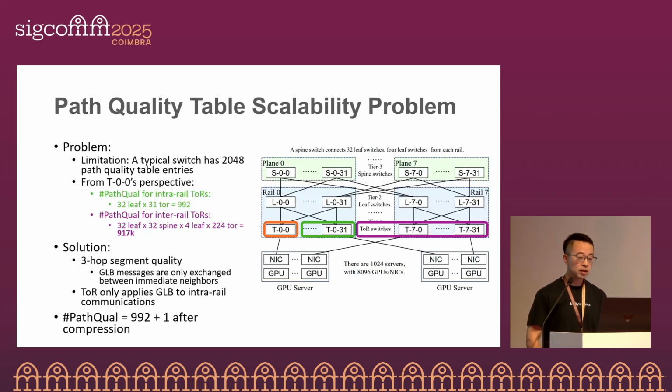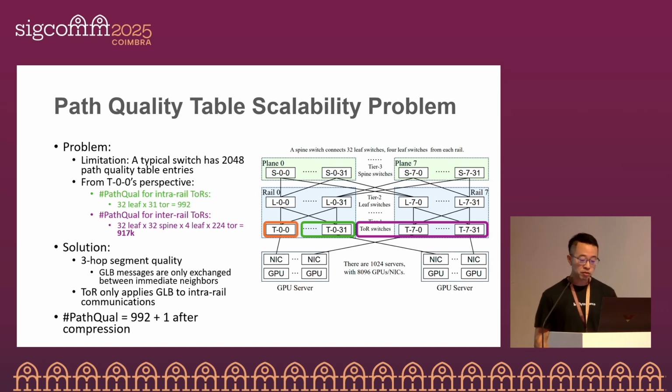So here we discuss the path quality table scalability issue. The problem is caused by the limitation that a typical Ethernet switch provides roughly 2K path quality table entries. So from a T00's perspective, the number of path qualities for the intra-rail TORs is 32 leaf by 31 TOR, which is 992.